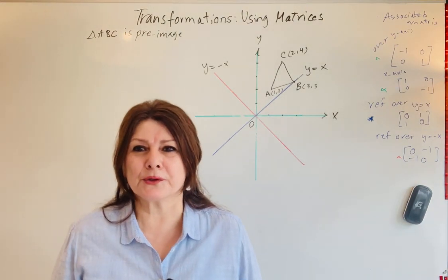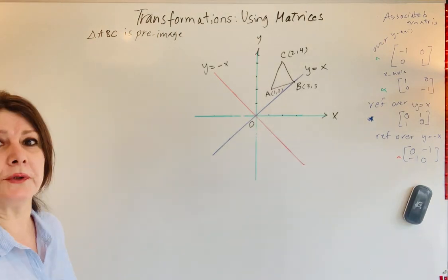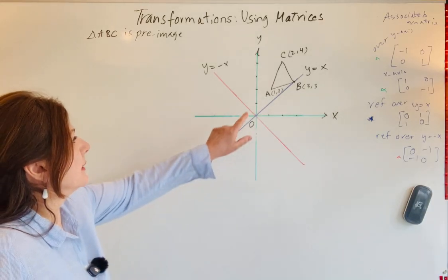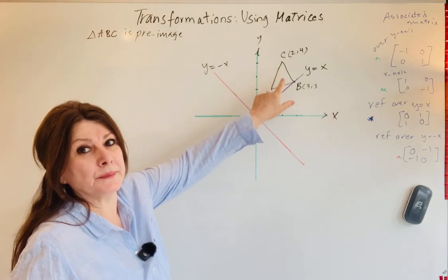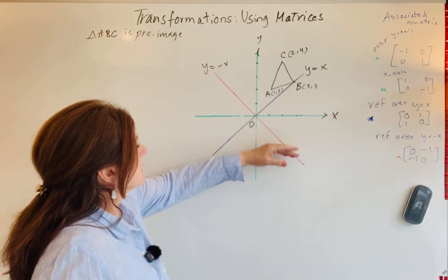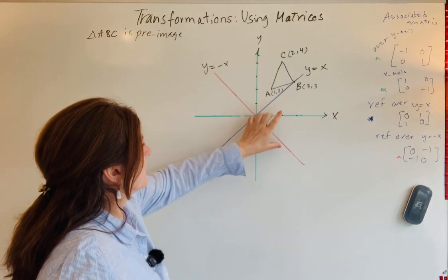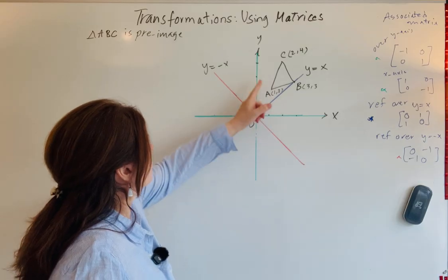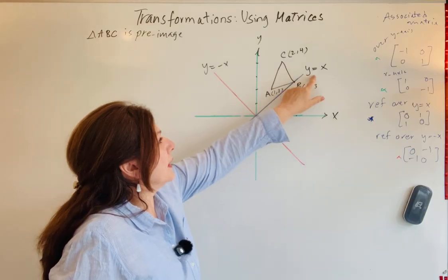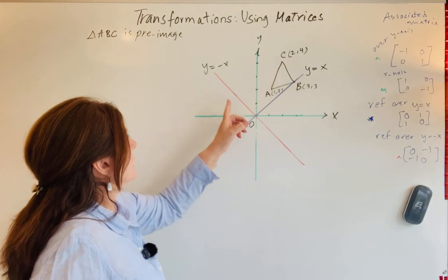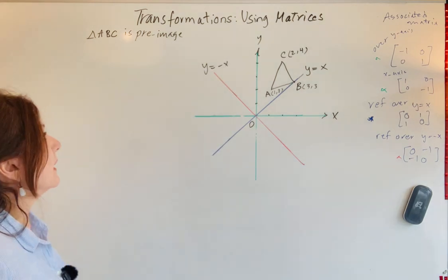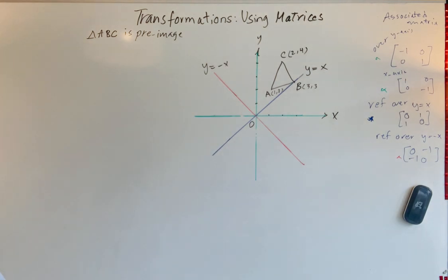Hi everyone, I'm Zoe. In this lesson, I'm going to show you how to transform this triangle ABC on this coordinate plane: reflected over the x-axis, reflected over the y-axis, this one reflected over the line y equals x, this blue one, and reflected over y equals negative x, with the help of matrices.